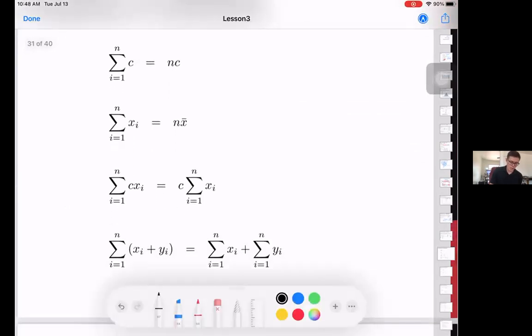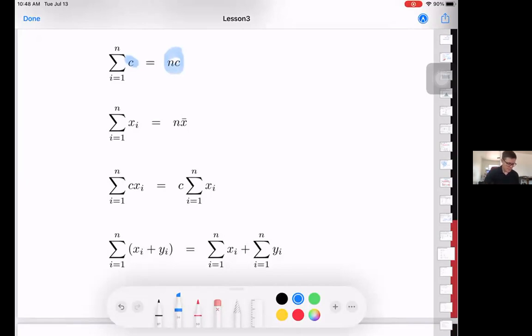I'll show you why each is true. The first is that if we were to take a constant c and sum it n times, it's just the same as if we multiplied c by n. I'll show you that in the next slide, or maybe in 2 slides.